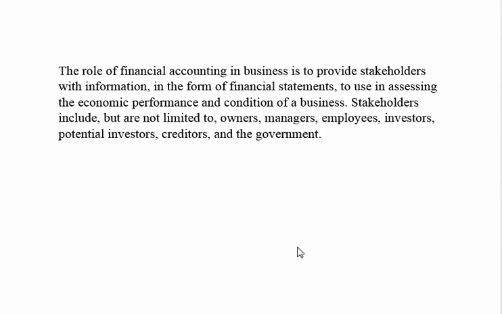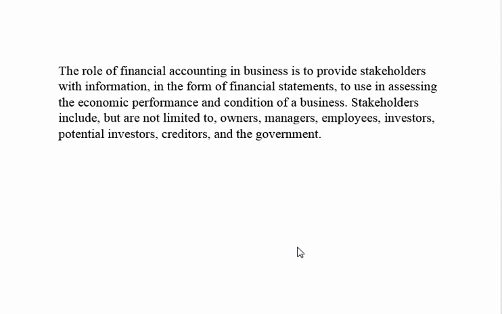The role of financial accounting in business is to provide stakeholders with information in the form of financial statements to use in assessing the economic performance and condition of a business.